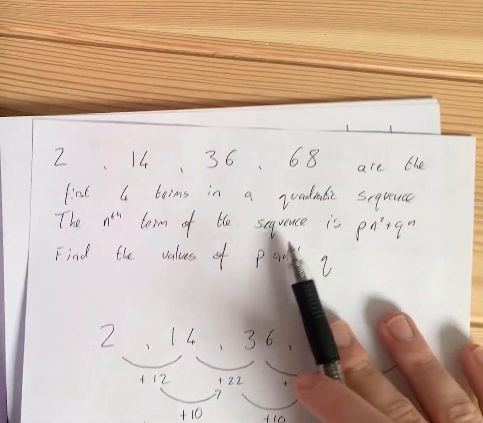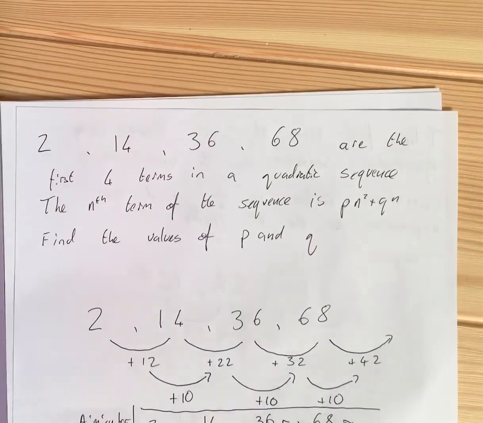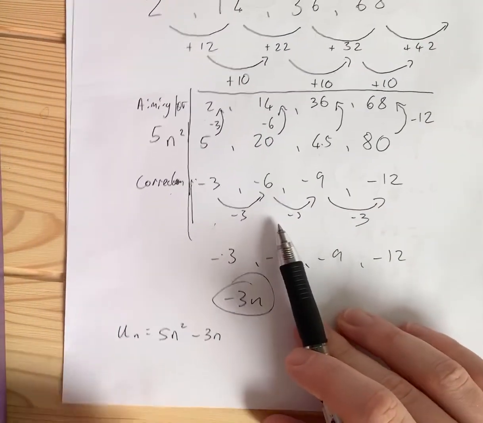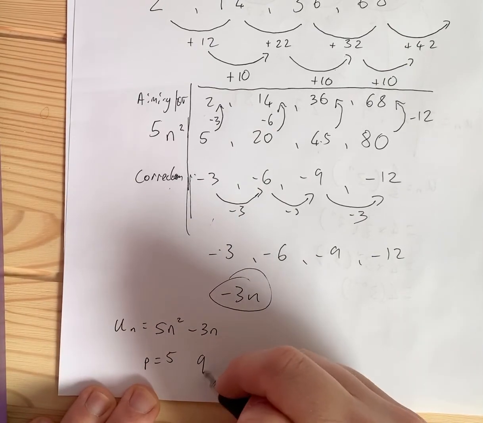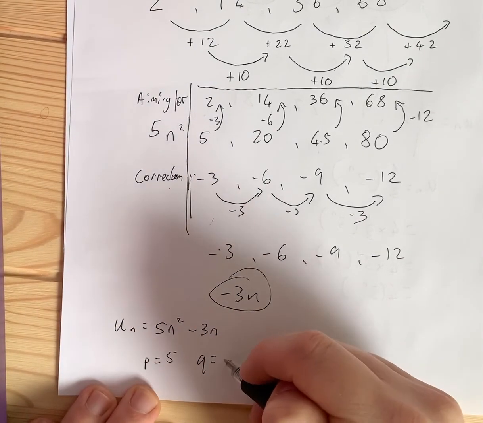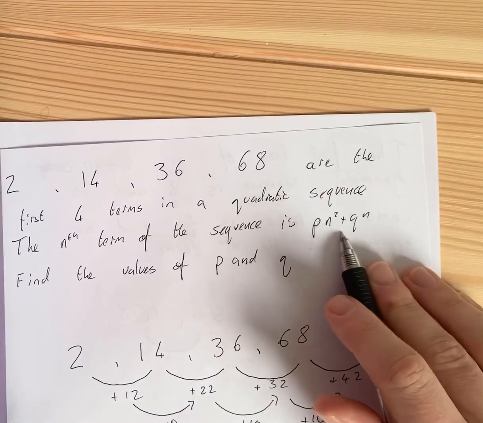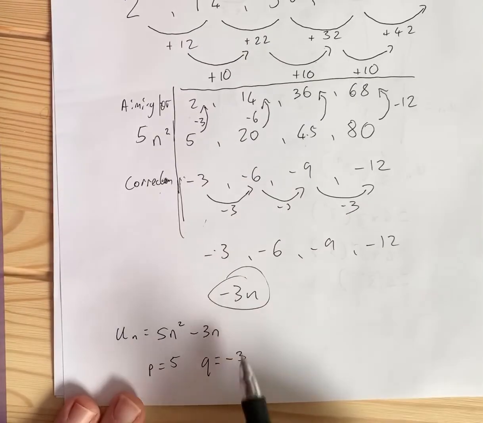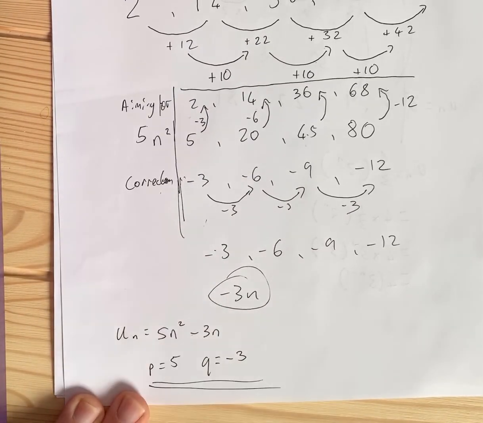It says the nth term of a sequence is pn squared plus qn. Find the values of p and q. Let's make it really clear. We're going to say p is equal to 5 and q is equal to negative 3, because that was plus qn and it's minus 3. So make sure we get that right.